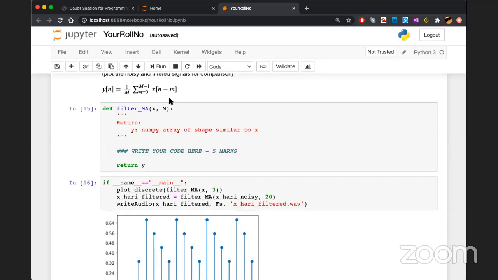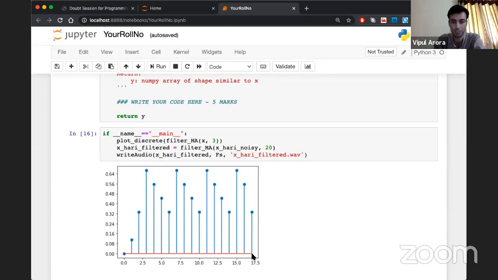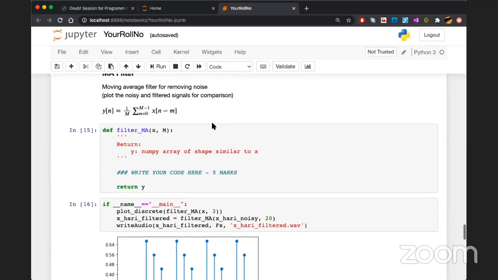Once you go to 17, everything will be 0, so y will also be 0. After 17, everything is 0, so we are not considering it. So after 16, we have to pad M minus 1 values to calculate those outputs at 16 and 17.